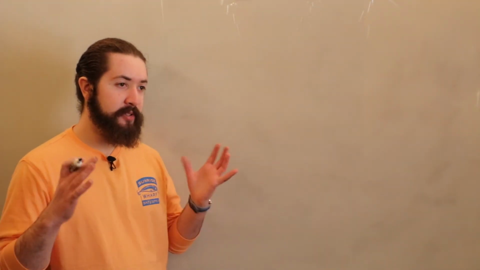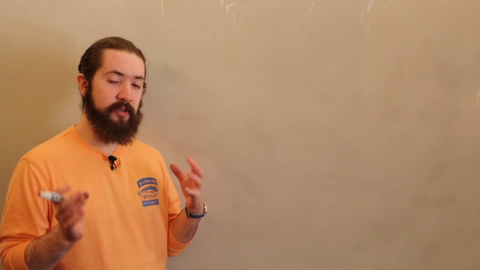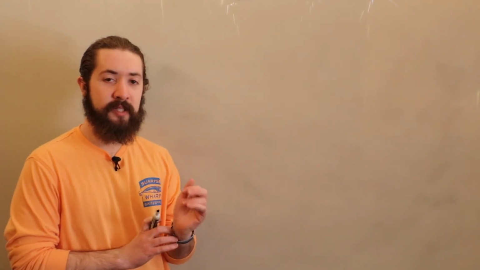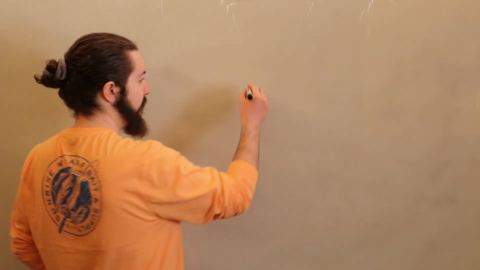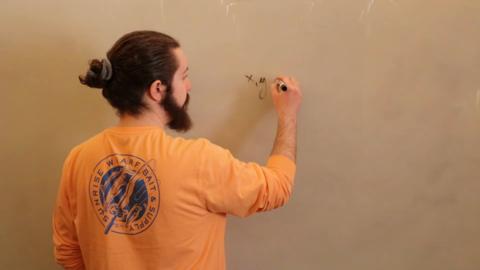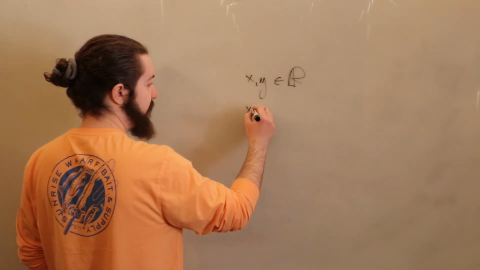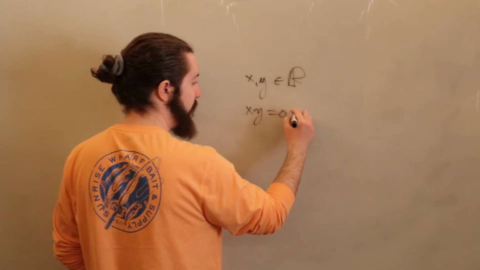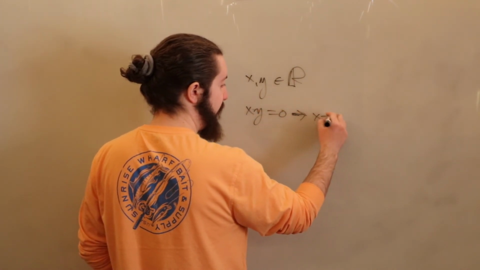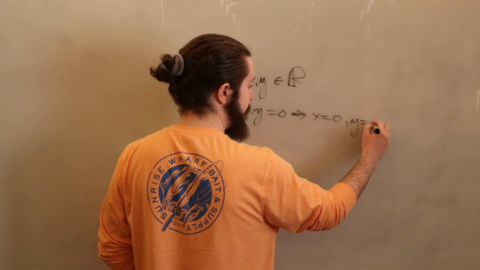Well, the bottom line is that matrices are not like real numbers, right? They don't have the same properties. Even though matrices are made up of numbers in a sense, they're arrays of numbers, and arrays of numbers do not necessarily have the same properties as the numbers themselves. Notably, for any real numbers x and y, any numbers on the number line, x times y equal to 0 implies either x is 0 or y is 0.